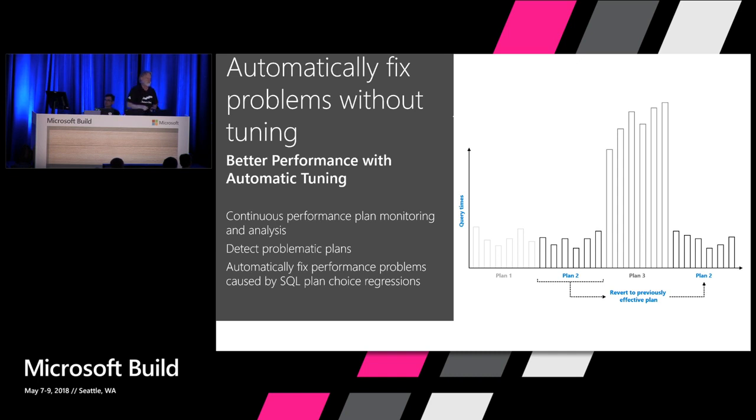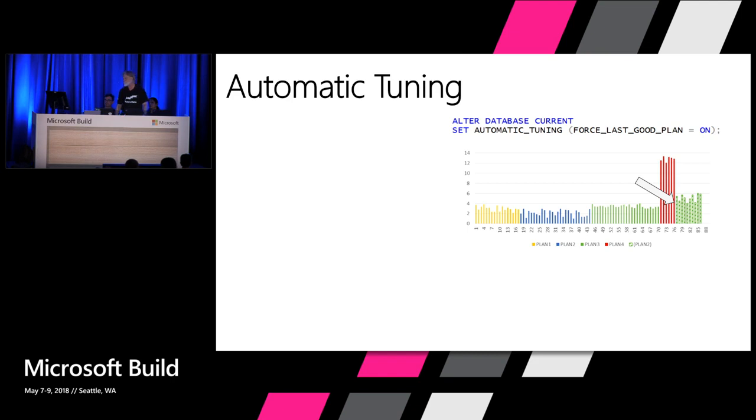Once you gain confidence in that, you can turn on a switch that says, automatically force the last known good plan. So if there's a plan change that got worse, find the last plan that was good and force that to be the plan that's used. Again, you have execution going along happily, and suddenly it regresses.